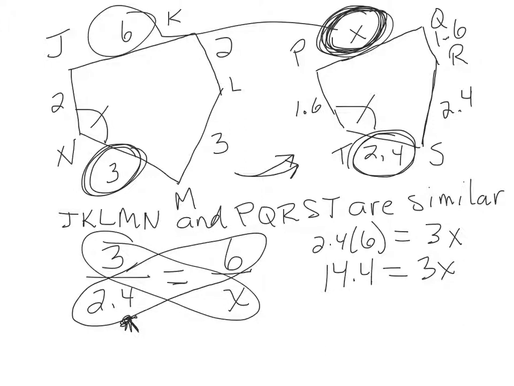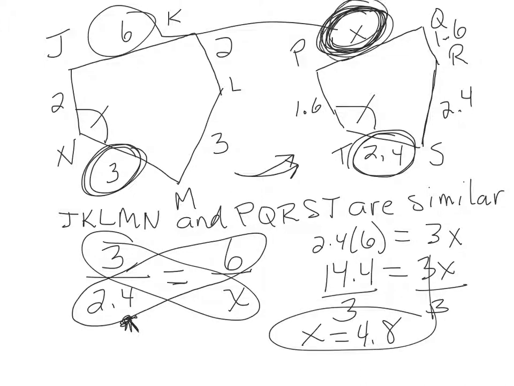We need to get the x by itself, which means we need to undo this multiplication. To undo multiplication, we divide, and when we do 14.4 divided by 3, we get 4.8. So the measure of that unknown side, the top of this one here, has to be 4.8.